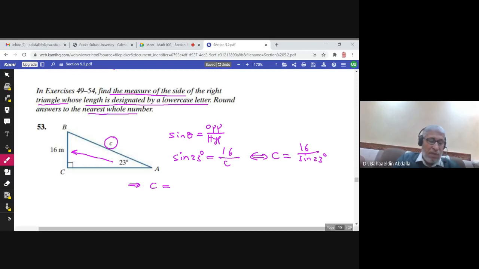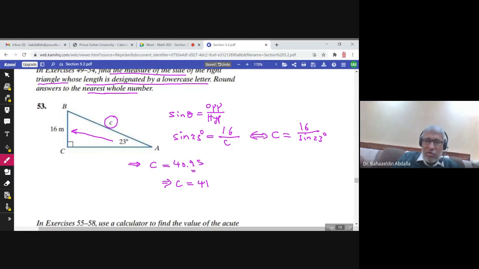The answer is 40.948 and so on. Now I need to round this to the nearest whole number. I have 9 here, and 9 is greater than 5, so I write 41. So C is 41 when I round 40.95 to the nearest whole number.